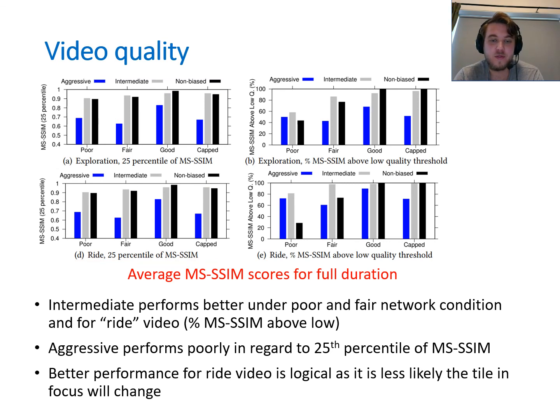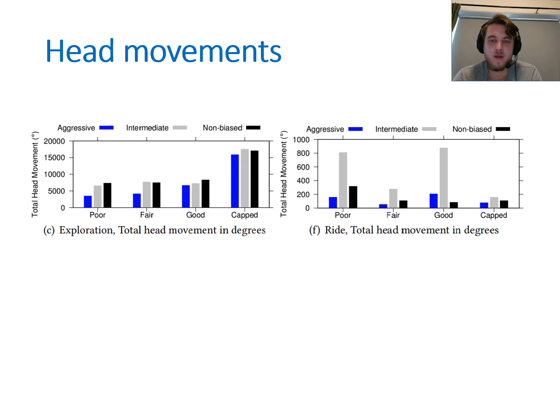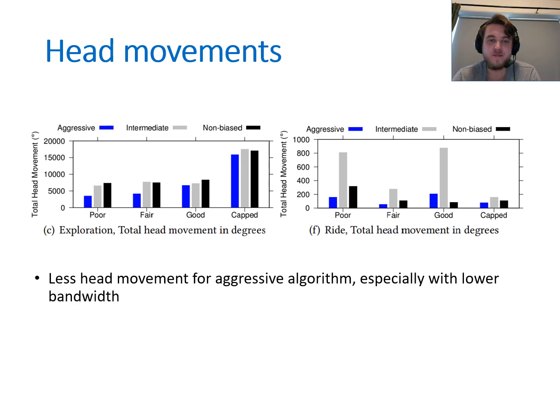So better performance for ride videos is logical, as it is less likely that the focus will change, and therefore aggressively fetching in front of you makes sense. Head movements: we see there's less head movement for the aggressive algorithm, especially with the lower bandwidths.